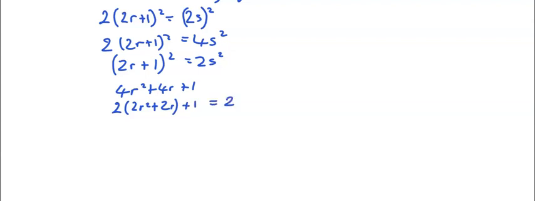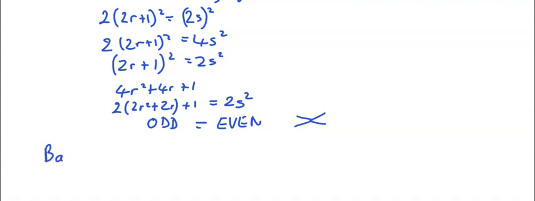And that is supposed to be equal to 2s squared, but this implies that an odd number shall be equal to an even number, and so we have a contradiction, and so we have proved by contradiction that the square root of 2 is irrational.